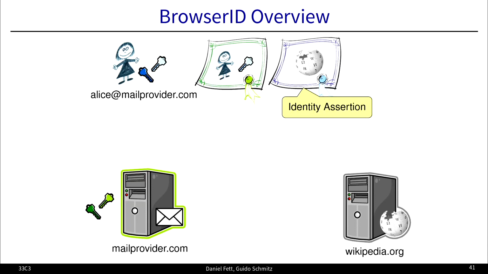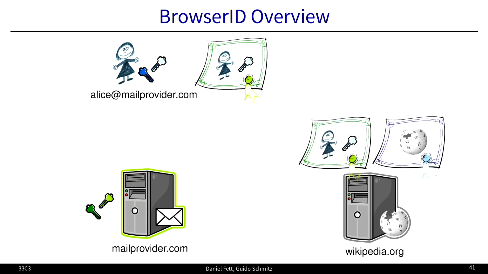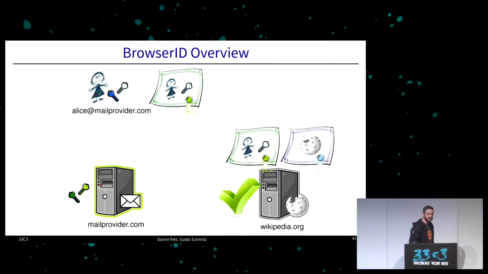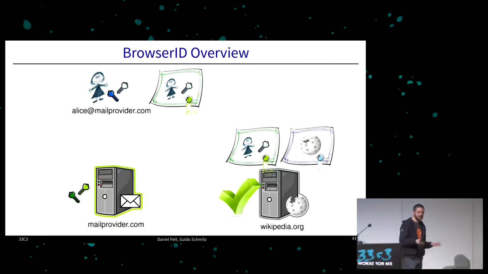Now, Alice sends both documents to Wikipedia, and Wikipedia can then check these documents. First, it can retrieve the public key of the mail provider and check the user certificate, and then also check the identity assertion. And then Wikipedia can consider Alice to be logged in. So this was the basic idea of BrowserID, which is quite nice and clean and simple.